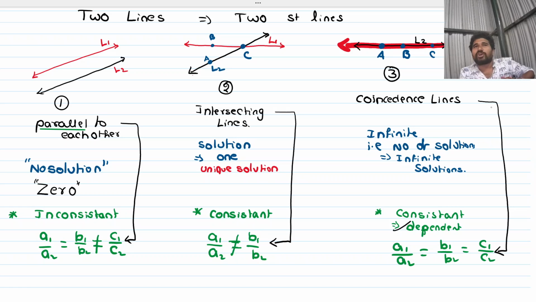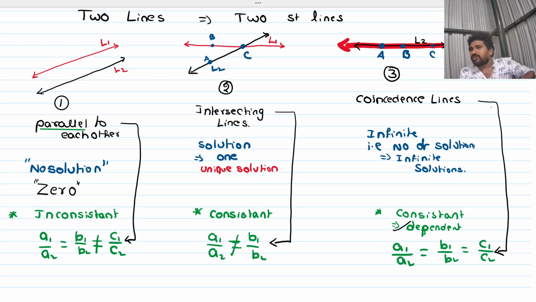Now I want to talk about consistency. If lines are parallel, do you call them consistent lines or inconsistent lines? Inconsistent, because the solution is not there. Consistent, when will I call it? If there is a solution.